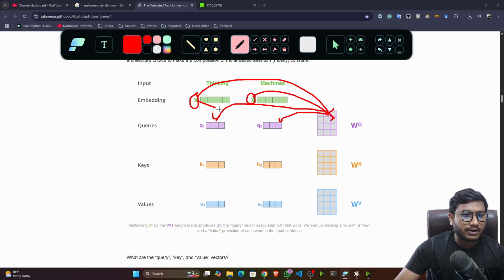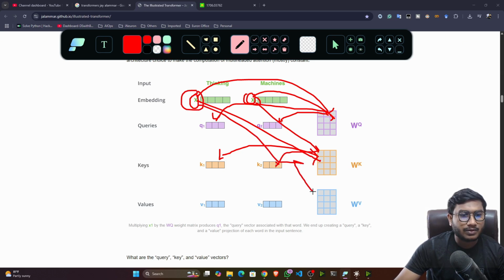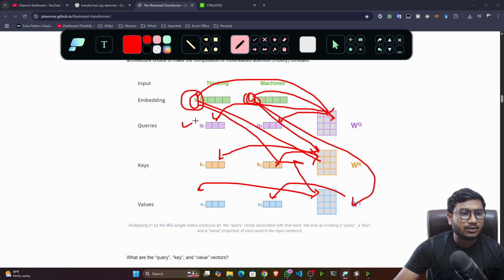Then x1 is multiplied with wk to get k1, and x2 with wk to get k2. Then x1 multiplied with wv gives v1, and x2 with wv gives v2. That's how you get query, keys, and values. These three vectors are named query, keys, and values. I hope you got it.